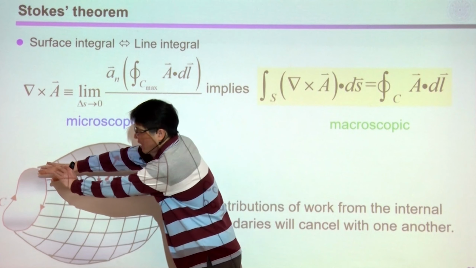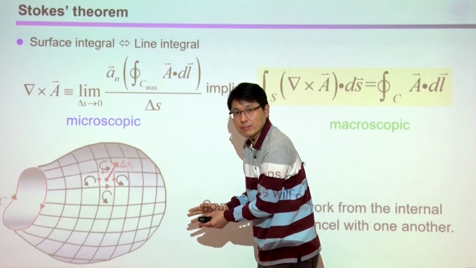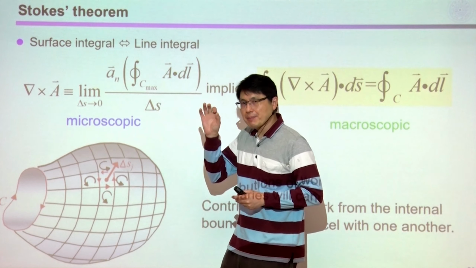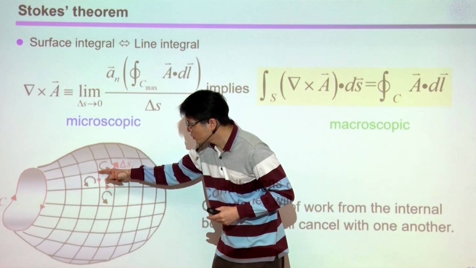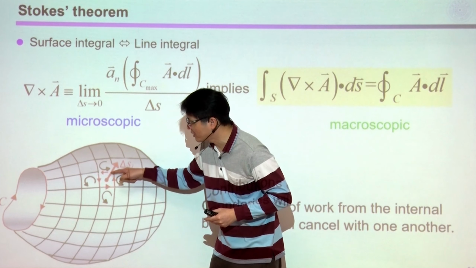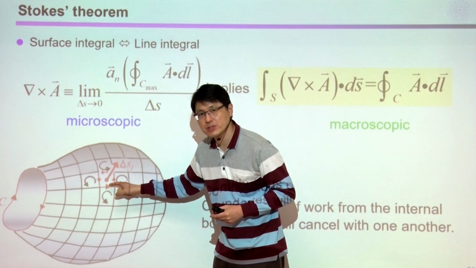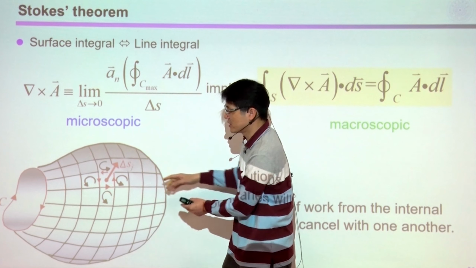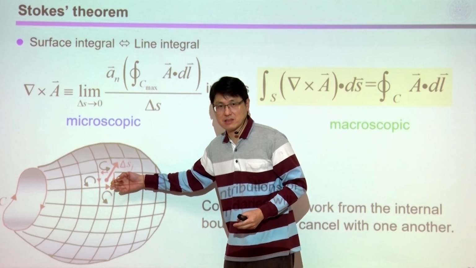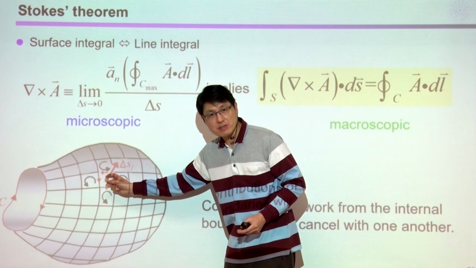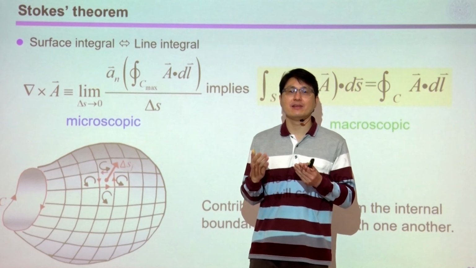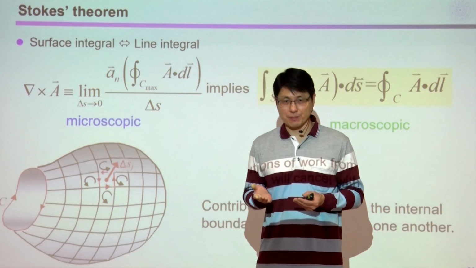For example, I have a very big surface, but when I perform this curl operation, I'm asking myself, do you have net circulation in a very small surface area? Meaning, I'm dividing my entire surface into millions of very small surfaces, and for each one of them, do I have a non-zero circulation?